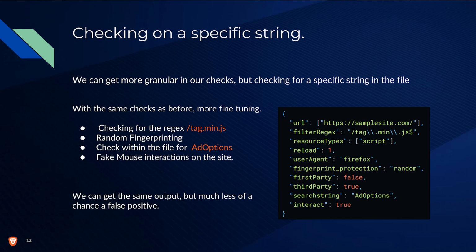So you can look in the tag.min.js, search for the string, which in this case I chose add options, and then output the same domain. So only get that badserver.com once it matches that domain. So if it doesn't match, it will skip it and move on to your next check. But if it does find it, you'll get that option and it'll bring it up.